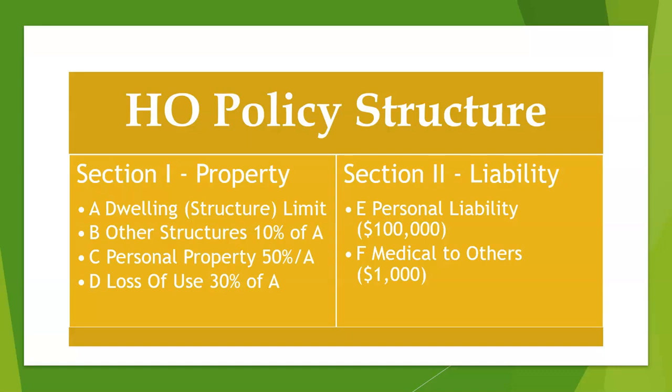This is an indirect coverage, and it will pay for additional living expenses incurred due to a covered loss, such as hotel stays and any additional items that have to be paid while your home is being repaired. Coverage D, loss of use, will pay 30% of coverage A.